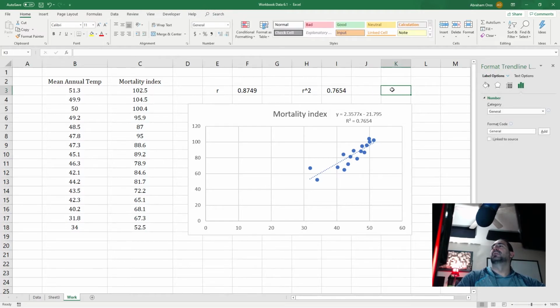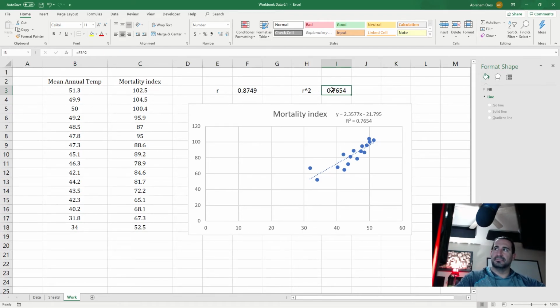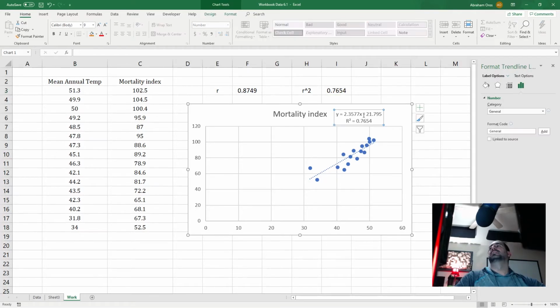So you can always check to make sure that you've done the right selections for your trend line, and then you'll know that you have the right equation if this r square matches up with the r square you came up with doing this simple calculation with the correlation. Right? So it's kind of a nice little check to make sure you're doing things correctly.